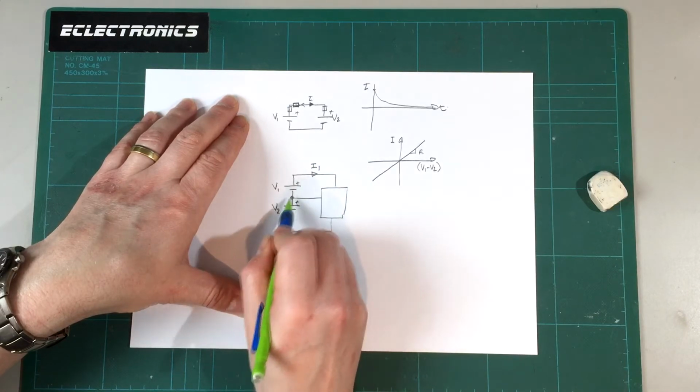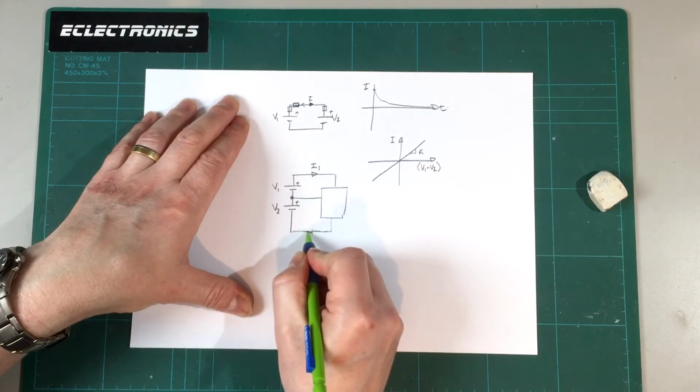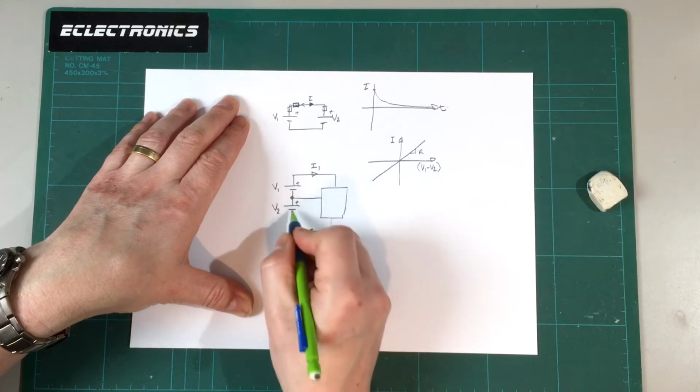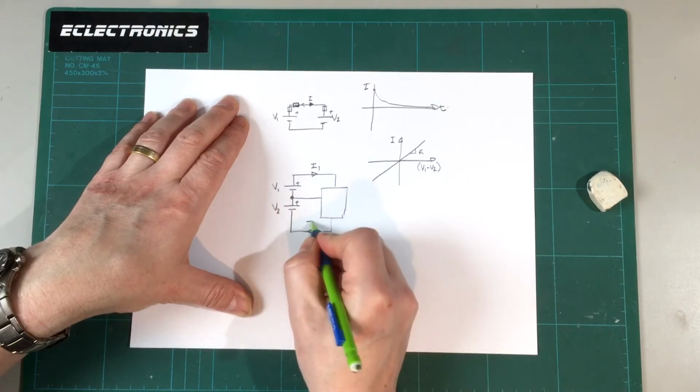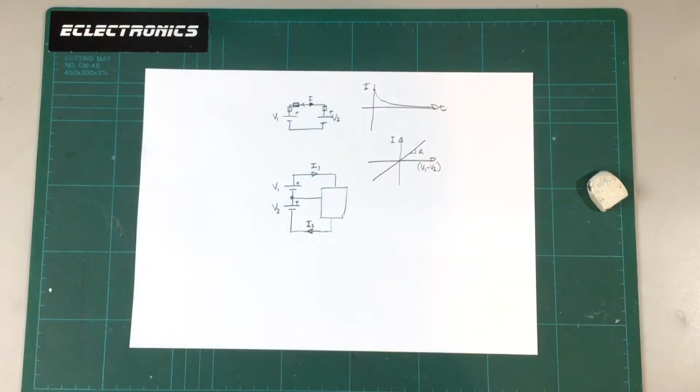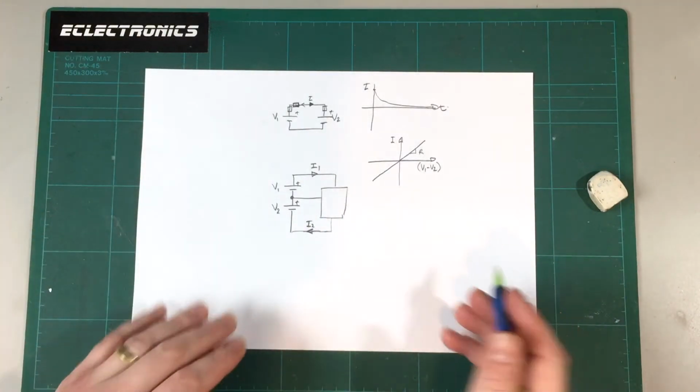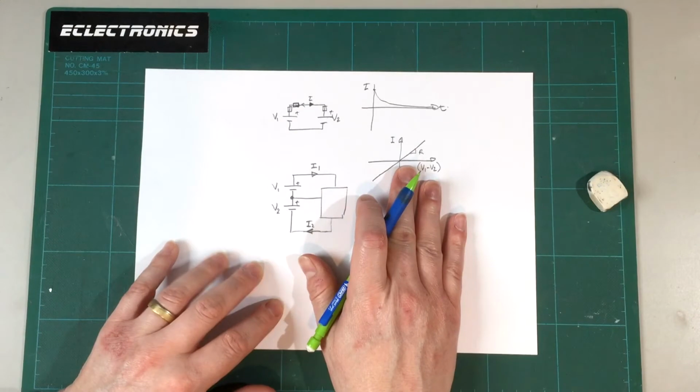So in this case, if the current's coming out of the cell, it's going to be going in this direction, out of the positive. So I'm going to define I2 as this direction on this video. I know that might be a little bit confusing comparing between the two, but it makes drawing this graph make a lot more sense.